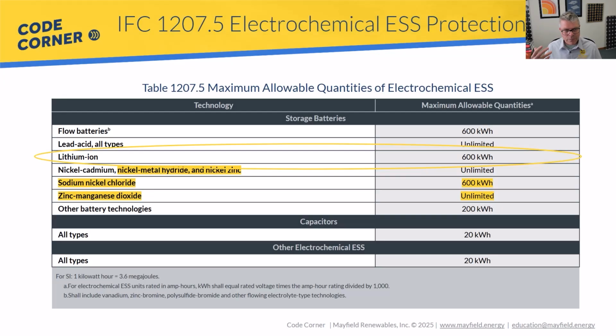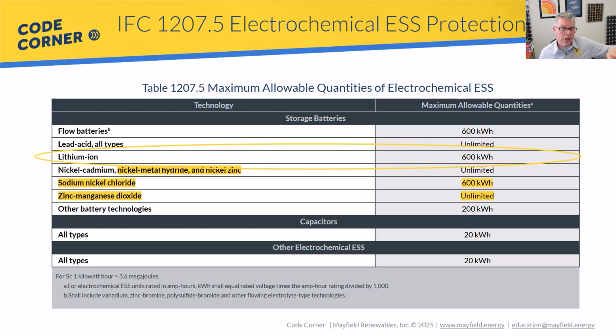In this case, we're looking at that table, and lithium ion being the focus of the energy storage industry right now, we have 600 kilowatt hours. If you exceed 600 kilowatt hours in any given area, that would trigger you into a larger set of rules.